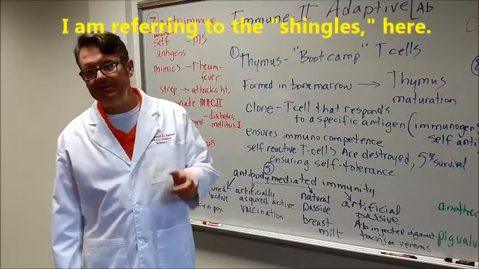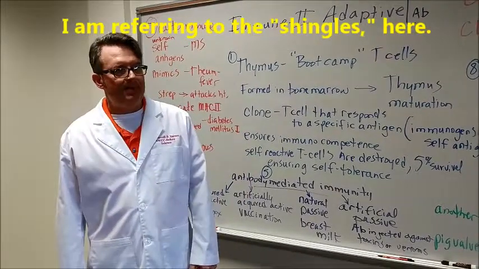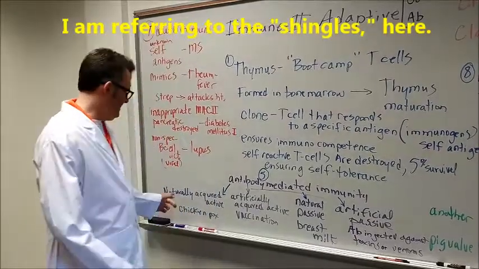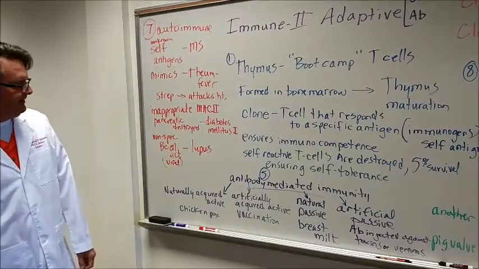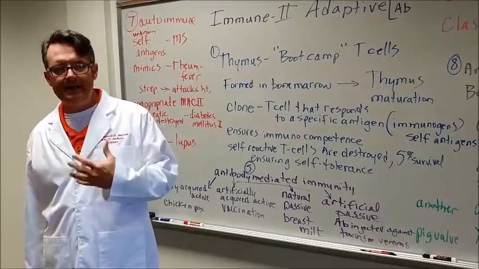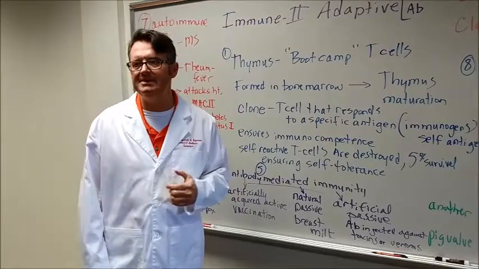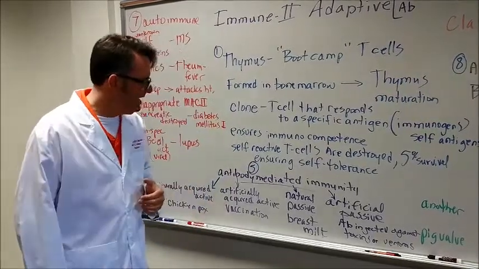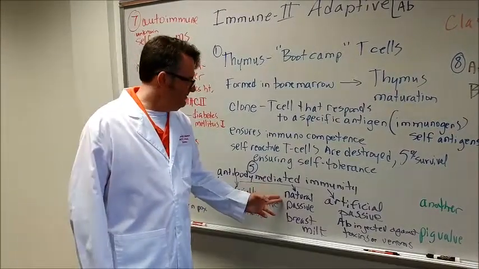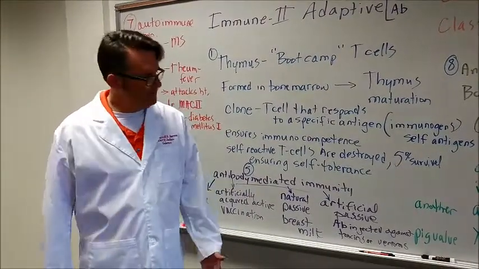Now, I have understood that it can hide out and appear later, but this is called naturally acquired active immunity. Artificially acquired active immunity is where you or I get a vaccination of an attenuated organism, something that's weakened or dead. Naturally passive immunity is what a baby would get from its mother's breast milk.